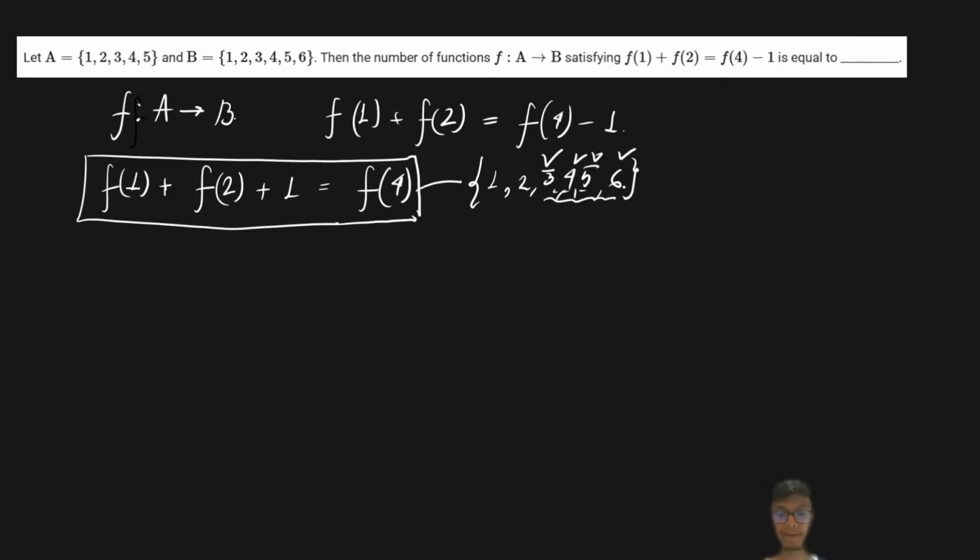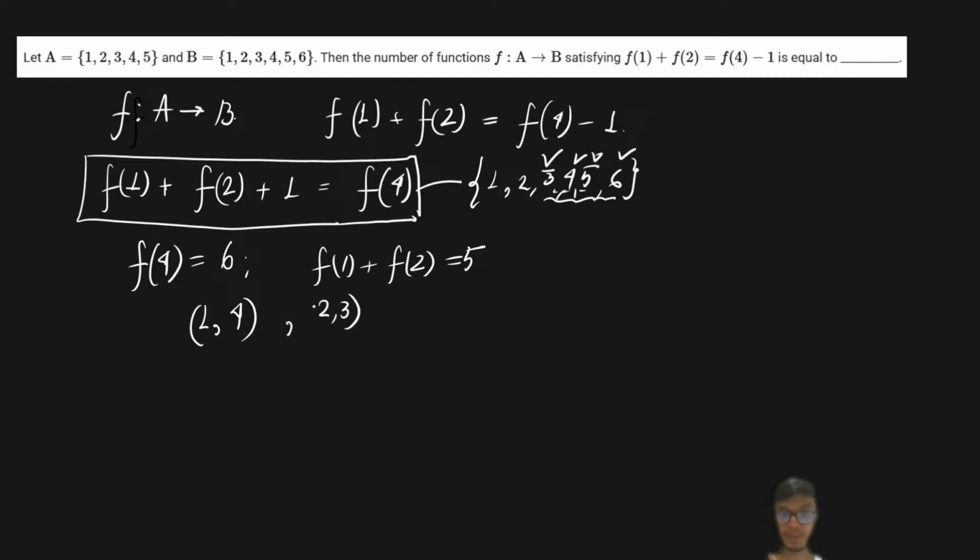Let us make some cases. If I take f of 4 equal to 6, then f of 1 plus f of 2 equals 5, and this condition will be satisfied. This can be done if I choose the function outputs as 1 comma 4, or 2 comma 3, or 3 comma 2, or 4 comma 1.